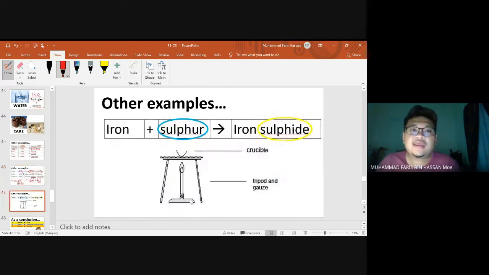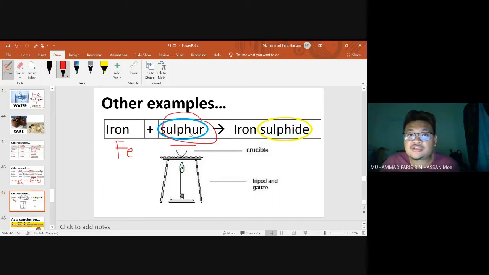Okay. Another example is iron. Iron is Fe. When iron reacts with sulfur, sulfur is an example of a non-metal and iron is a metal, it will form iron sulfide. Same like oxygen, when metal reacts with oxygen. For sulfur, you just change the non-metal, sulfur, to sulfide.